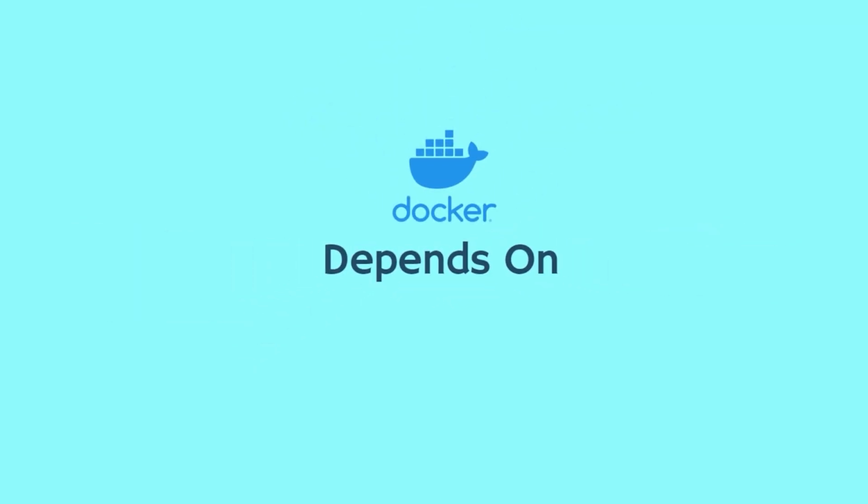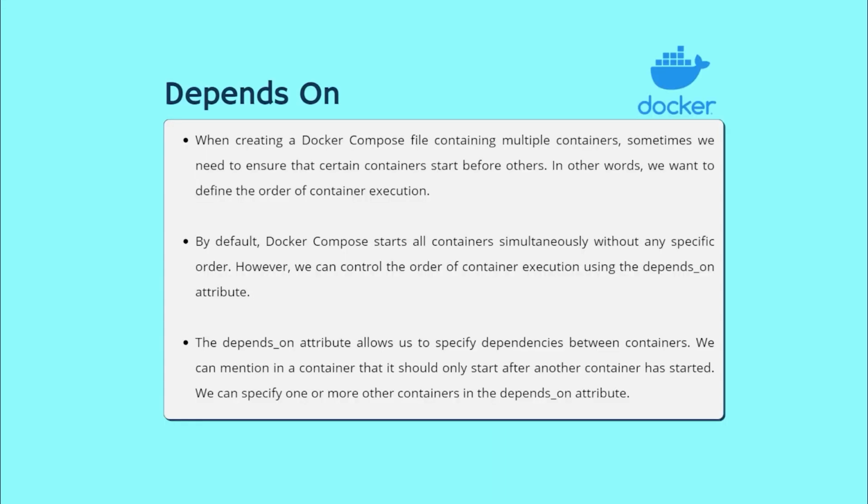Depends on. When creating a Docker Compose file containing multiple containers, sometimes we need to ensure that certain containers start before others. In other words, we want to define the order of container execution. By default, Docker Compose starts all containers simultaneously without any specific order.